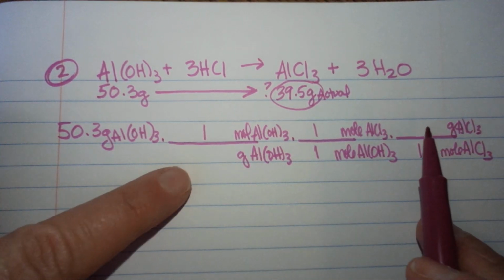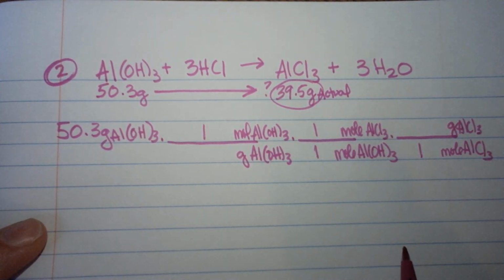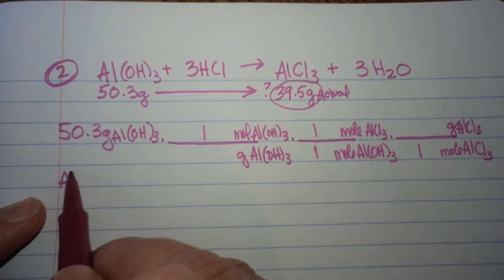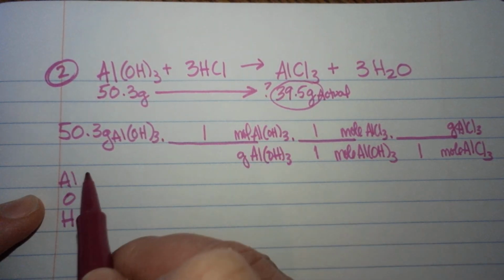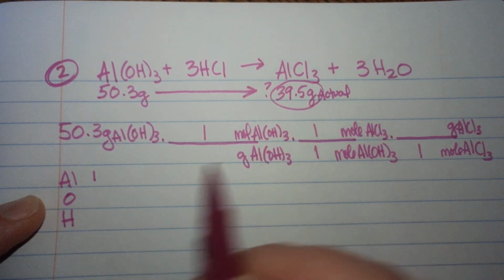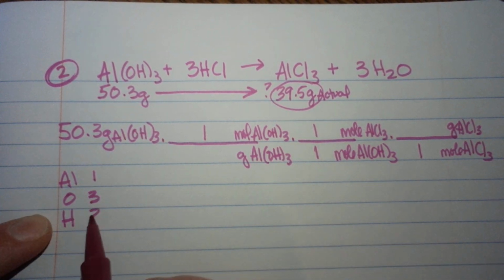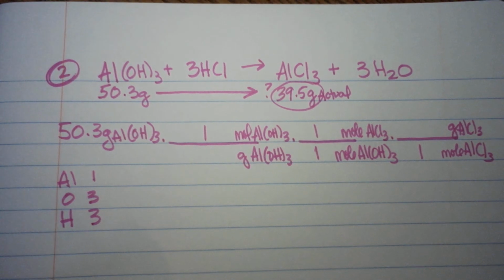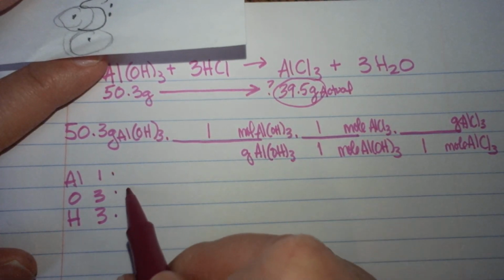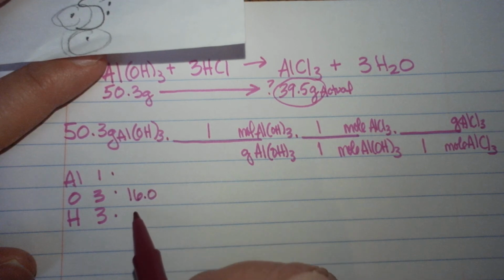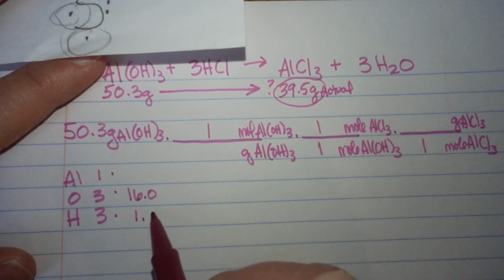So we have 2 molar masses we have to calculate here. I have aluminum, oxygen, and hydrogen in this one. We just have 1 aluminum. We have 3 oxygen, 3 hydrogen. We know oxygen. We know hydrogen.